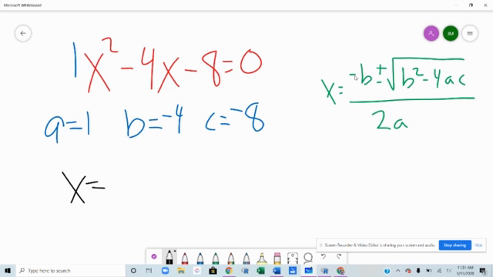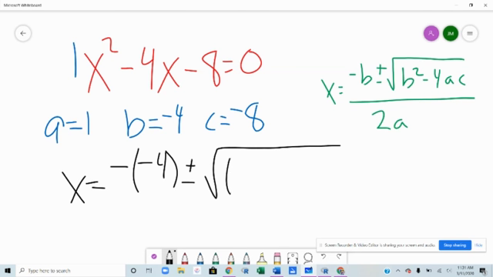It says negative, and then your b value, which our b value is negative 4. Then we have our plus or minus sign, and then a big square root, and then b needs to get squared. So we're going to put b in a set of parentheses. Anytime you need to square it, you need to put it in parentheses.